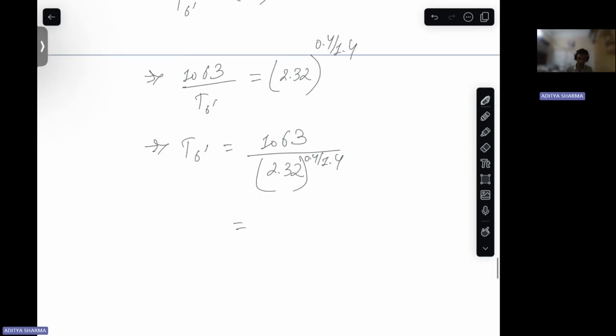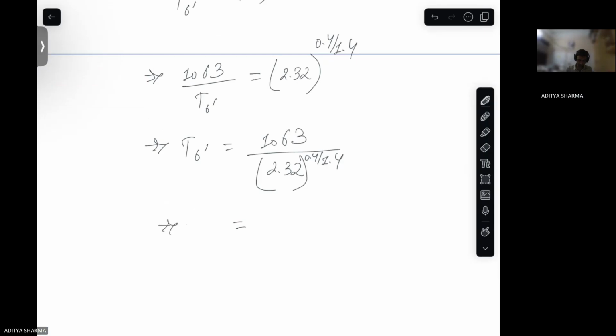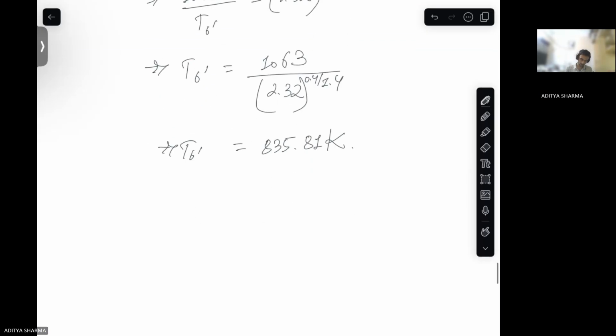So if you solve this, this will come out to be 835.81 Kelvin. Then we need to find out now T6.